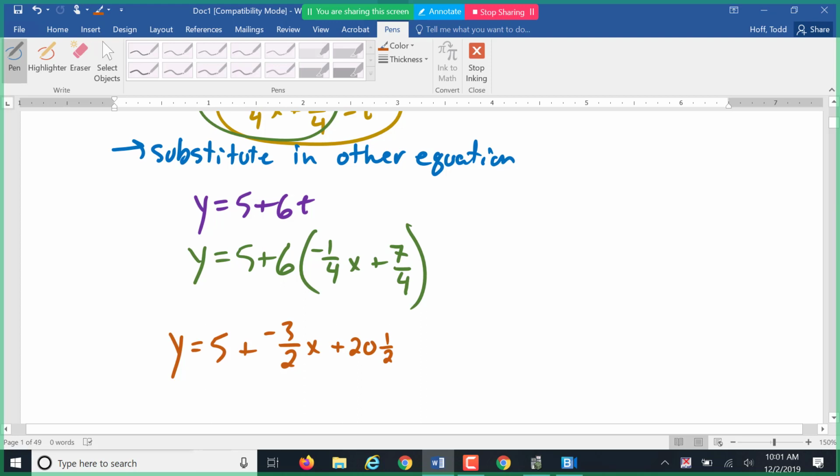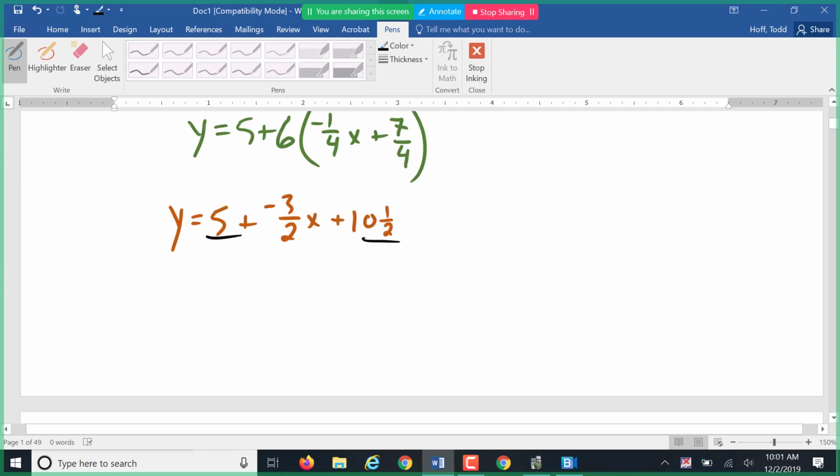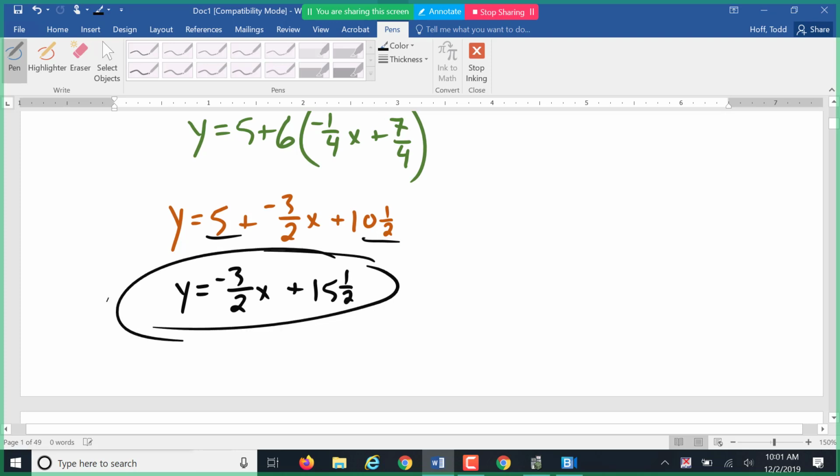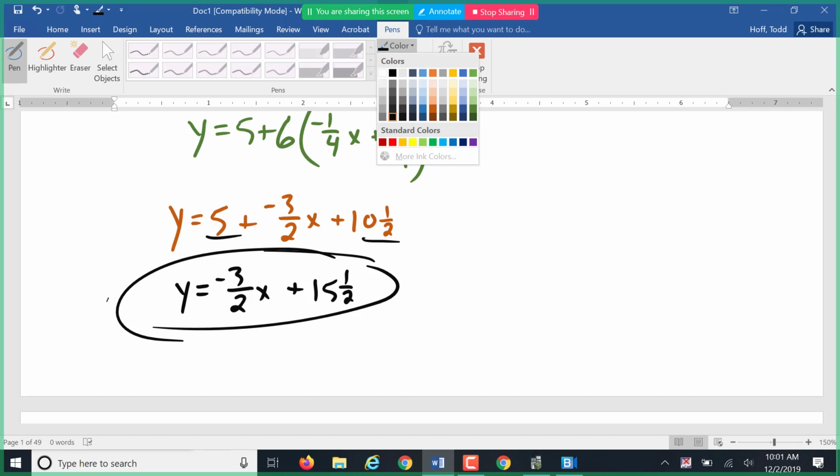Oops, sorry, 10 1/2, I should say. And then we can combine the 5 and the 10 1/2. So we have y equals negative 3/2 x plus 15 1/2. So there is our non-parametric equation. We've eliminated the parameter, and we can see that that is a simple linear equation.